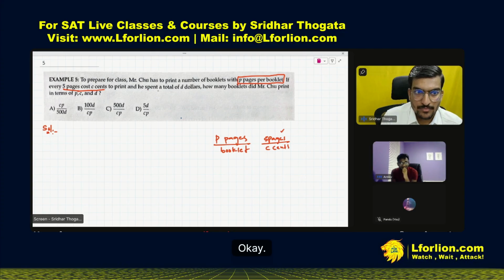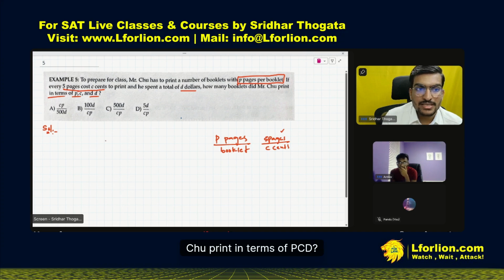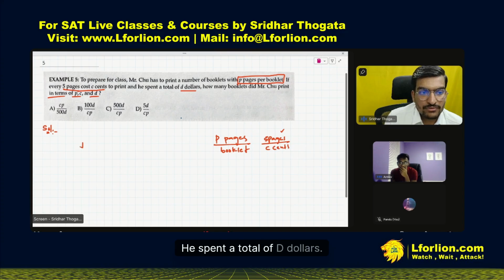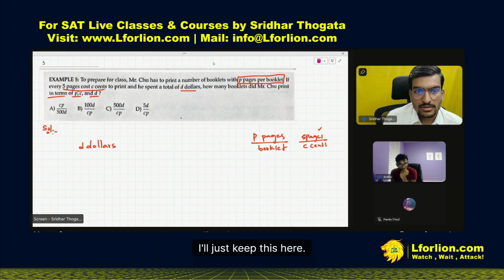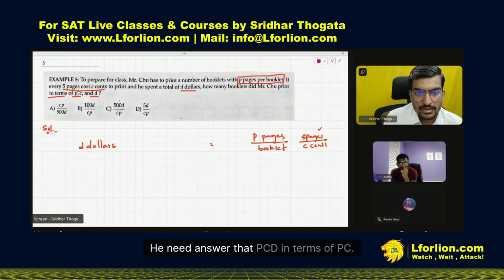He spends a total of D dollars. How many booklets does Mr. Chu print in terms of P, C, D? He spent a total of D dollars, and he needs the answer in terms of P, C, D.